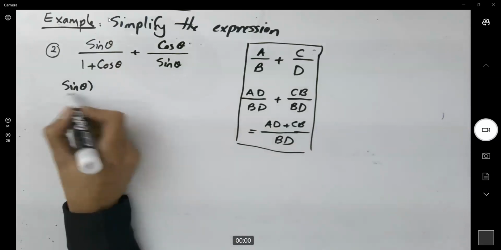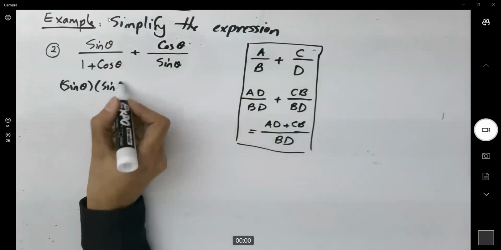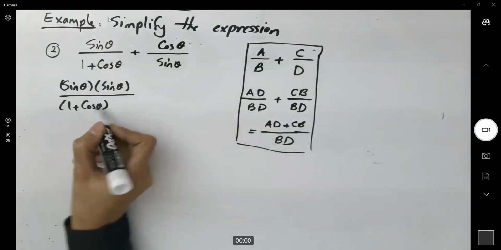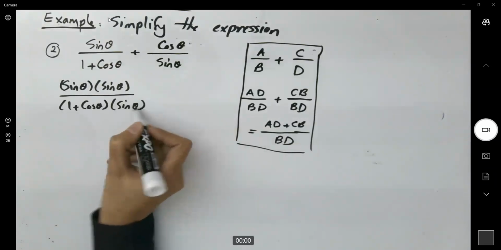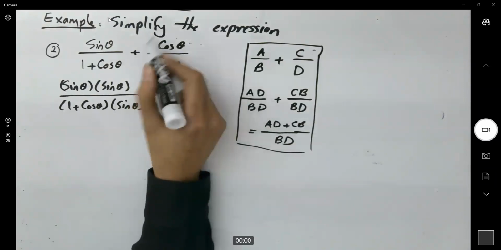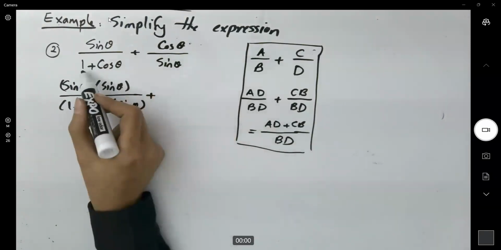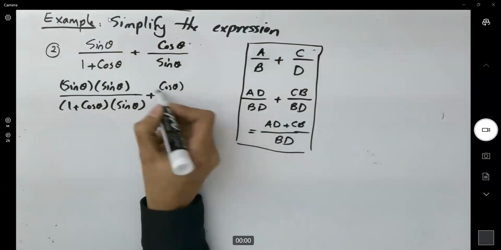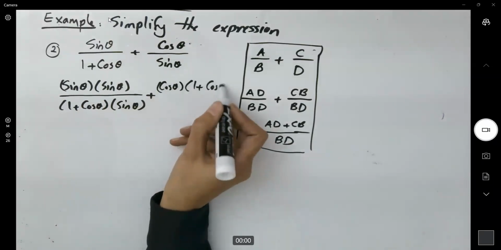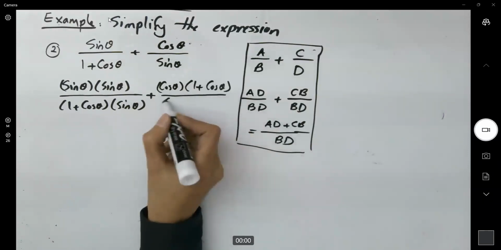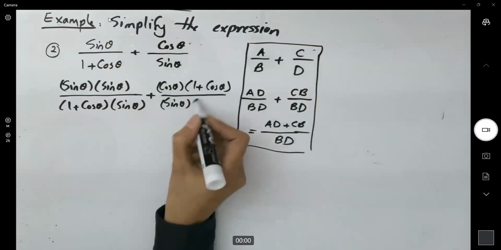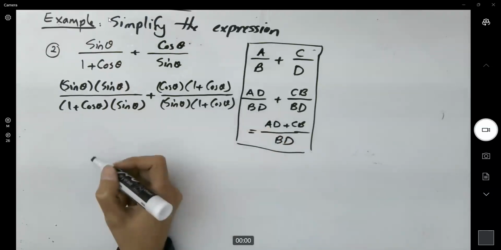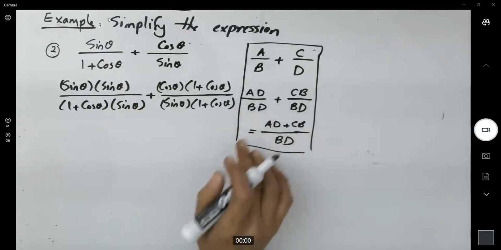Sine theta times sine theta divided by 1 plus cosine theta times sine theta, plus, now multiplying the second fraction by 1 plus cosine theta, I get cosine theta times 1 plus cosine theta divided by sine theta times 1 plus cosine theta. Okay, so far I'm here in this step.